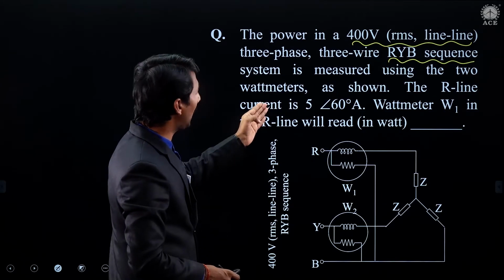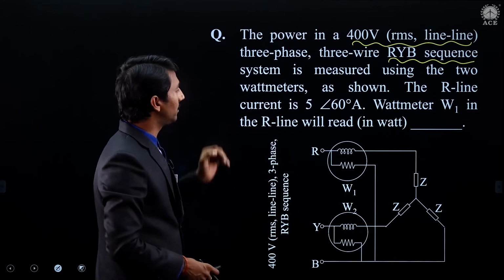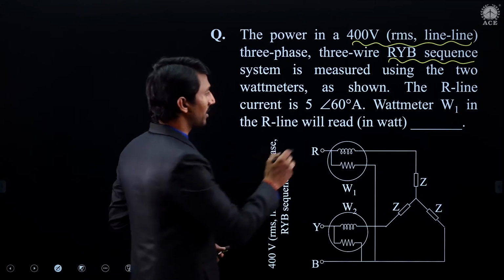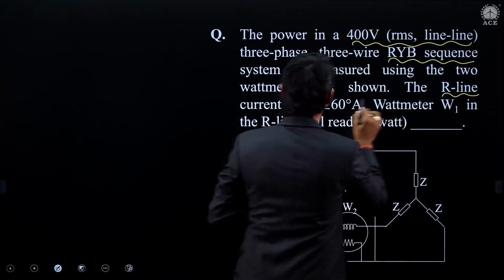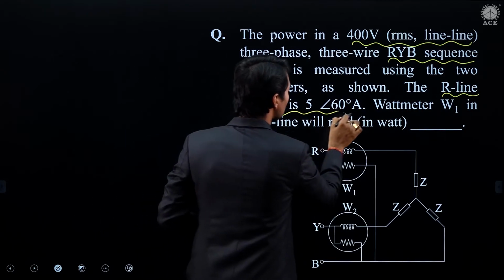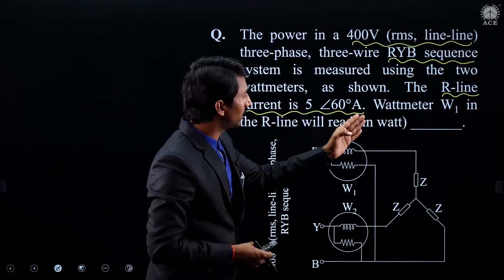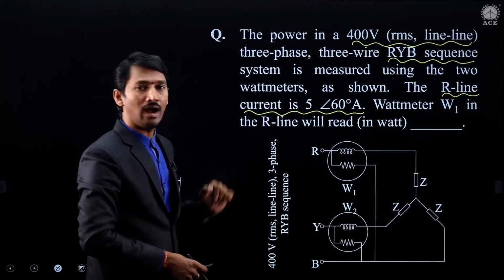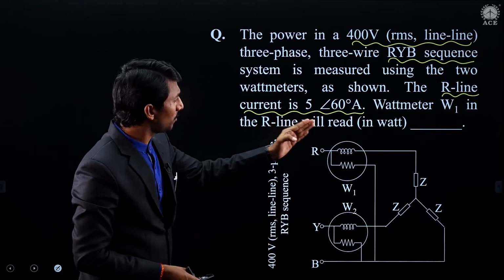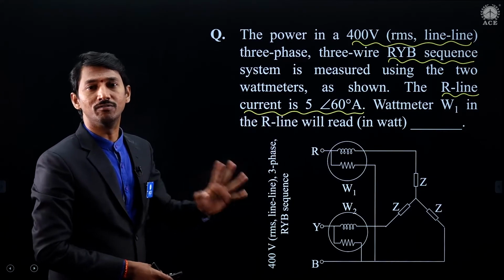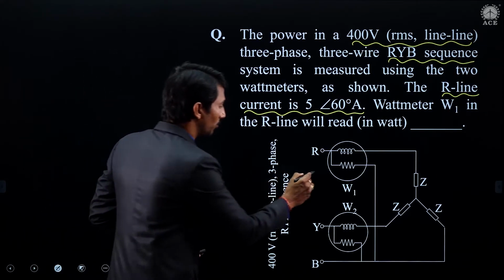As shown, the R line current is 5 at an angle 60 degrees. Which current has he given? R line current. Wattmeter W1 in R line will read. So what is the W1 reading?